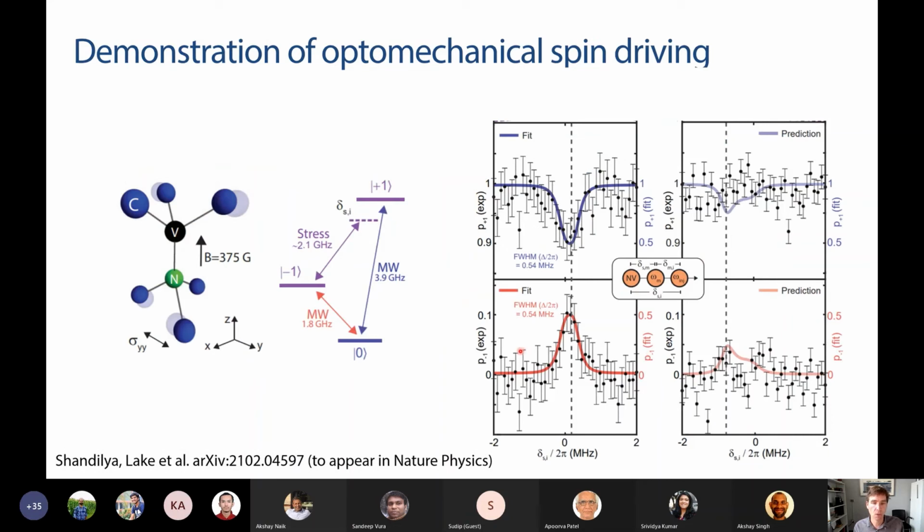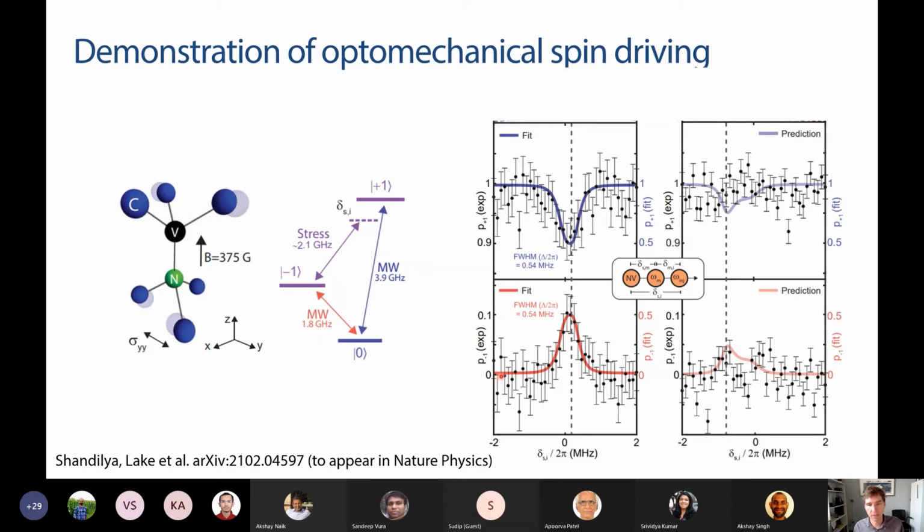And so what we then measured is the spin population in +1 or -1 as a function of the mechanical oscillation frequency. And what you see is that when our mechanical oscillation frequency comes onto resonance with +1, if we initialize our NV into +1, then our mechanical motion will transfer population back down to -1 and create a dip in our measurement.